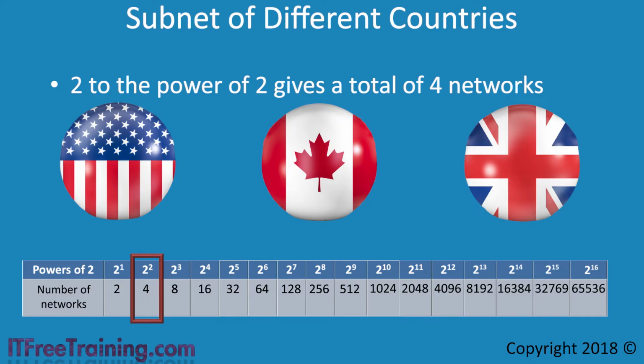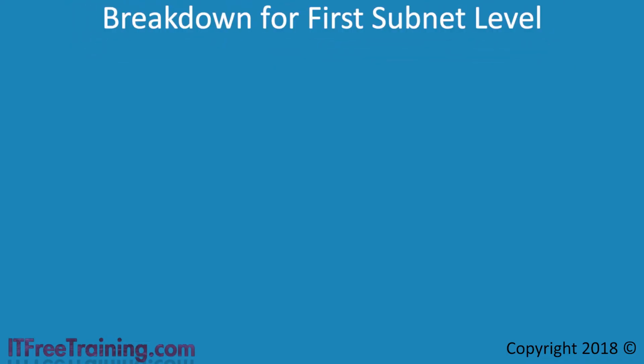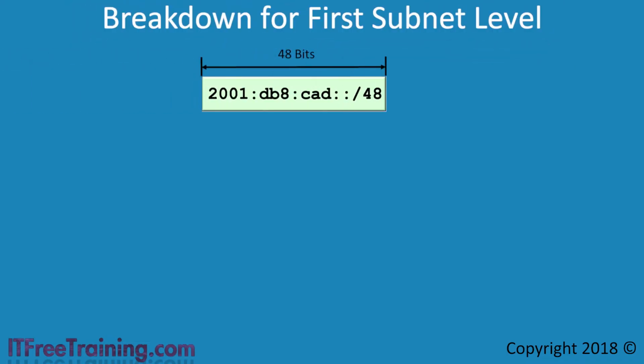Now that we know how many bits are required, the next step is to break the original address down into subnets. To create a different network for each country, I will first take the IP6 address given to me by my ISP. So far, no bits of the subnet ID have been allocated, so this essentially means that F for fixed is equal to 0. This leaves the 16 bits of the subnet ID available for allocation to networks.